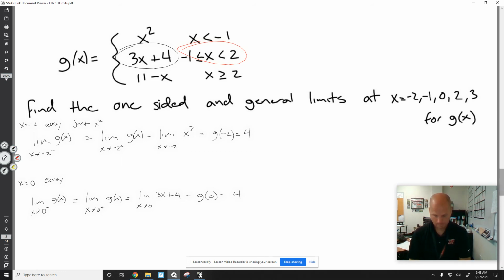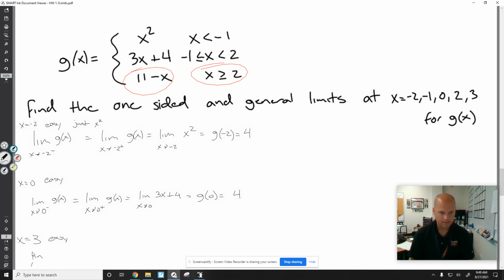What's another easy one? 3 is easy. Why is 3 easy? Because I don't have to worry about jumps between pieces. I know that when x is 3, I'm just using this piece. So I'm going to say x equals 3. That's easy.